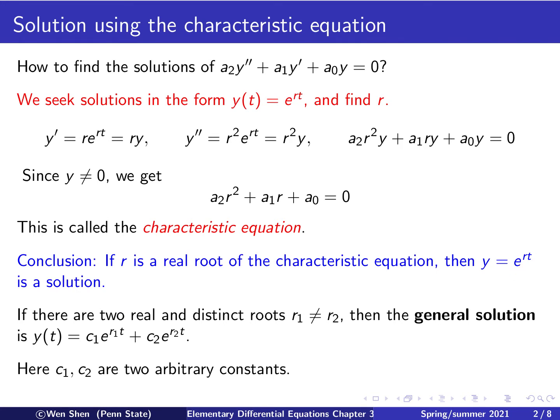Then we can form a linear combination, multiply one by an arbitrary constant and the second one by another arbitrary constant, and add them up. This function is called a general solution. Here the arbitrary constants c1 and c2 are to be determined by boundary conditions or initial conditions, whichever is the case for your equation.